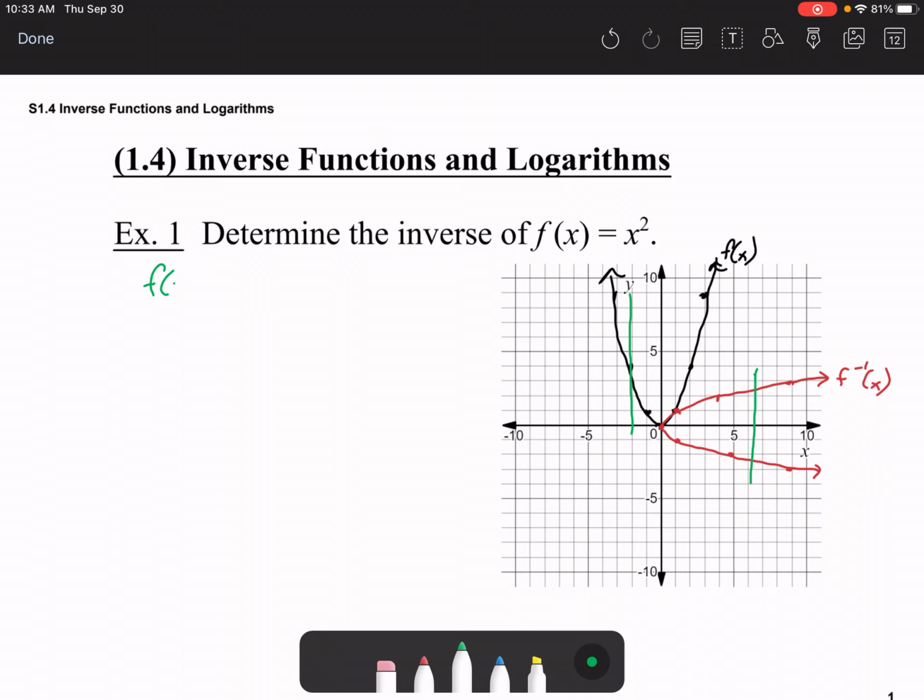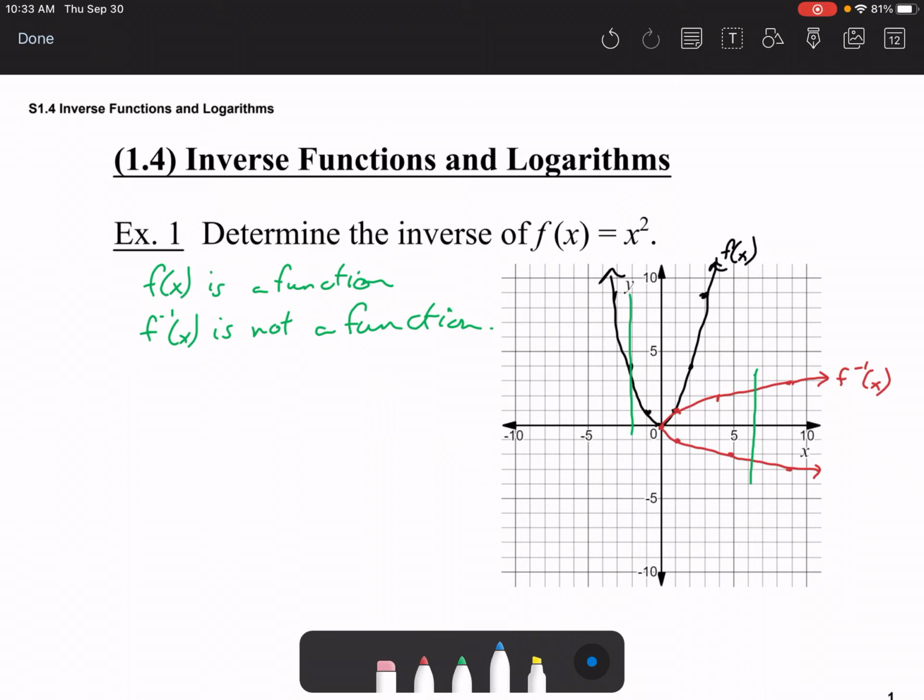So f of x is a function. F inverse of x is not a function.